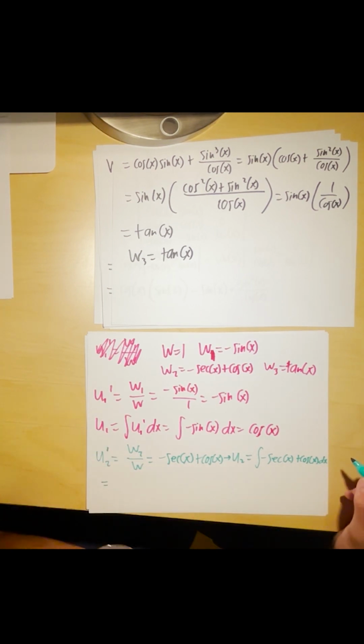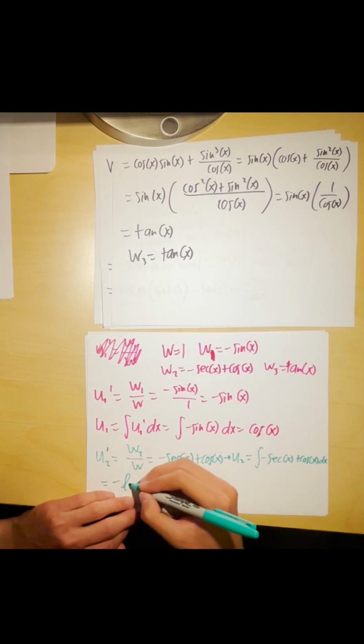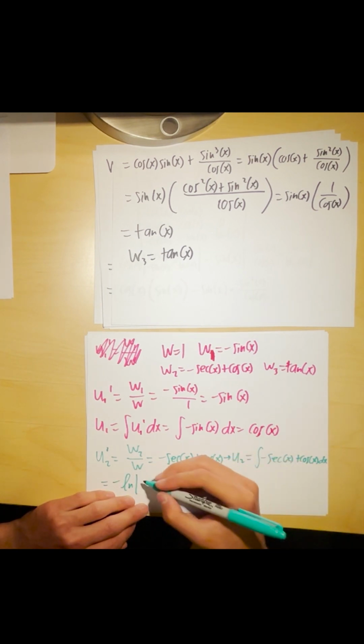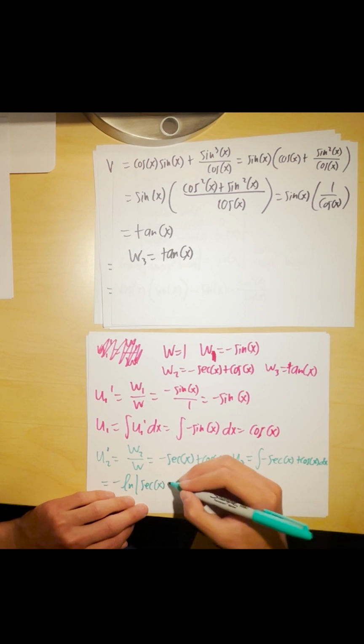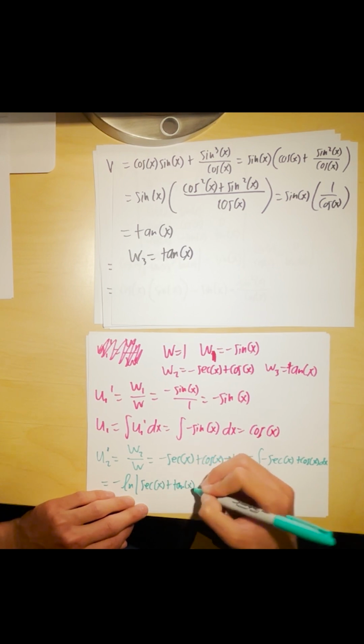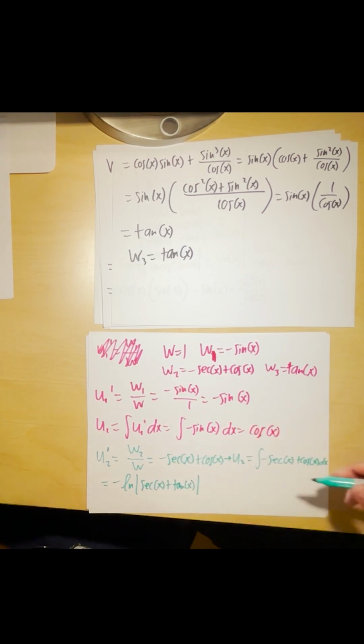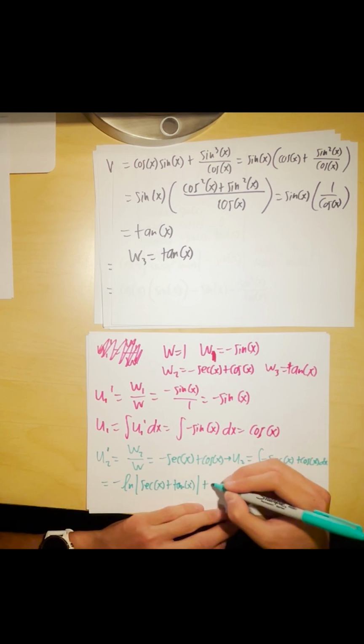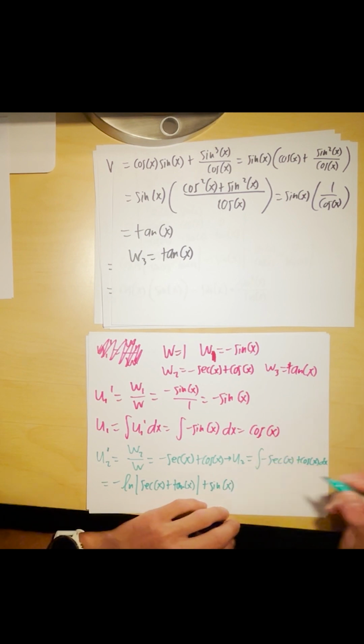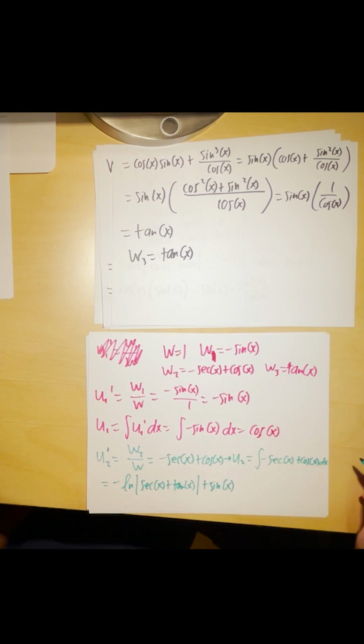Integral of negative secant is negative natural log of the absolute value of secant x plus tangent x, and then the integral of cosine of x is sine of x.